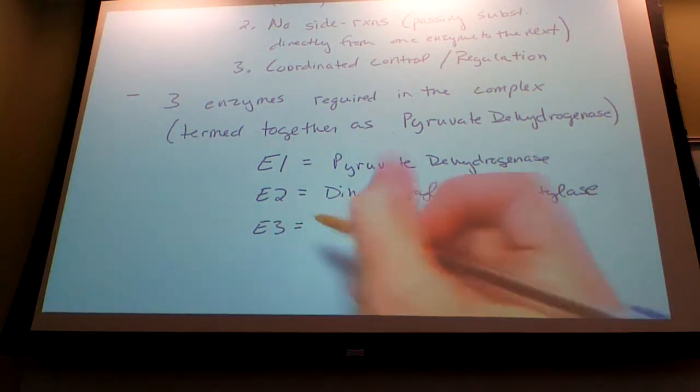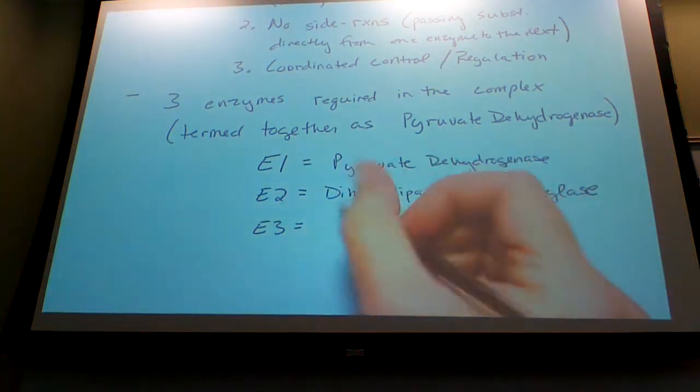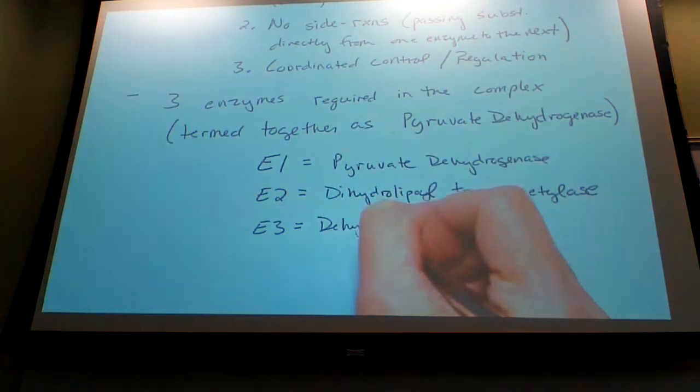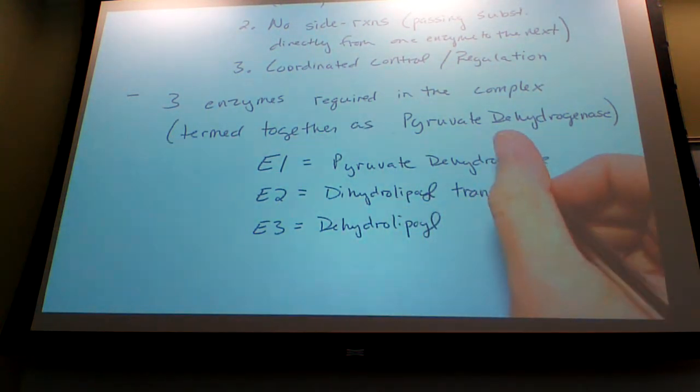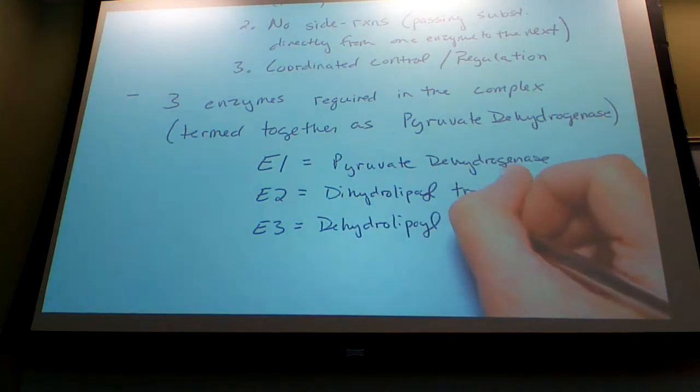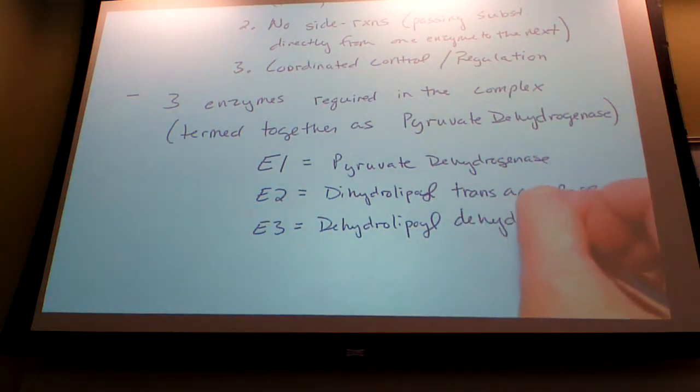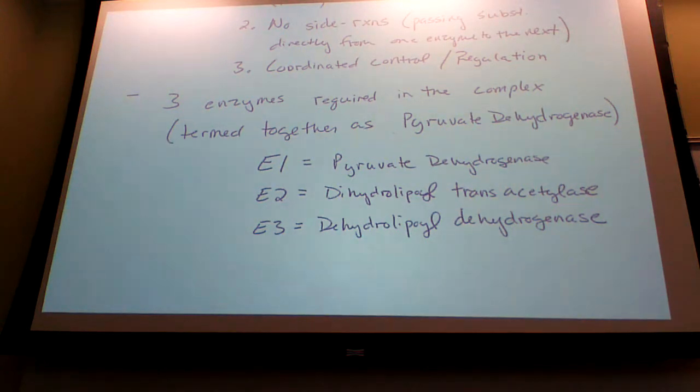And then E3 is dihydrolipoyl dehydrogenase. But usually when people are talking about pyruvate dehydrogenase, they're talking about the whole complex and all 3 enzymes, usually.